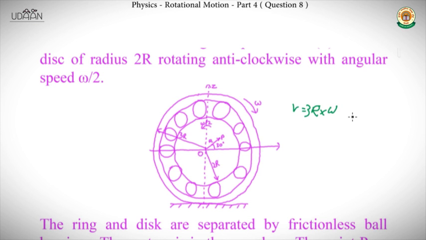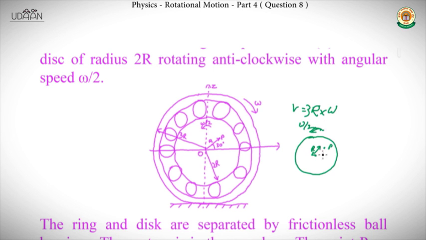Now, coming to the point P. The point P is at a distance of r from the center, and if we see the point P with respect to point O, let's draw only the inner disk. This is point O, this is point P, this distance over here is r, and this is rotating in this direction by omega by 2.